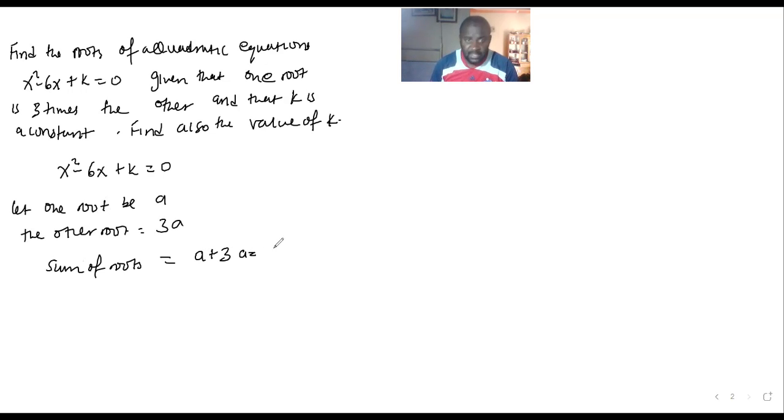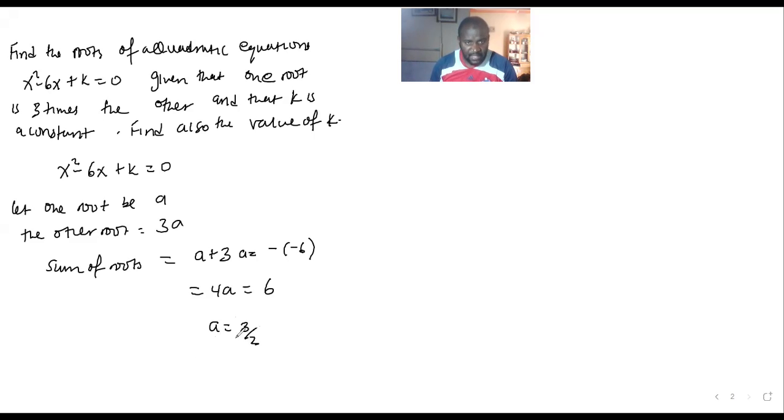And that sum of the roots actually is going to be equal to negative of negative 6. That is how it becomes a positive. Remember, some of you, we said you can cram if you don't see how we can modulate the negative. Whereby if it's a negative there, it's a plus, the sum. When it's a plus, then the sum is negative. So when you divide the two, you realize that a is equal to 3 over 2.